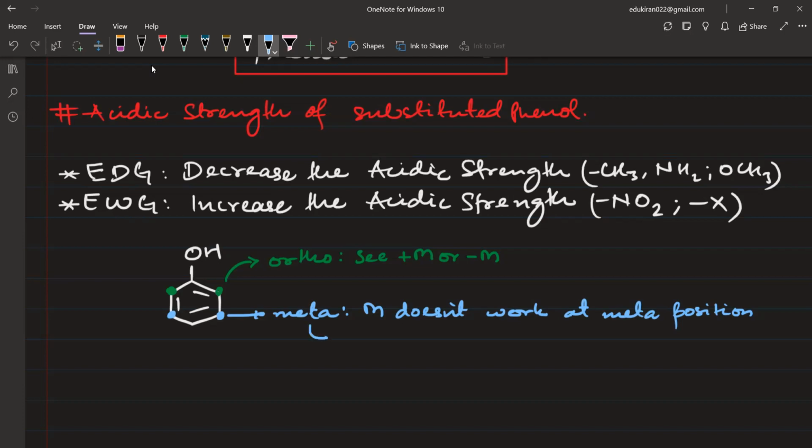That means if you have anything in meta, you have to see whether it is plus I or minus I. Lastly, you have the para position. Now in para position, you have to see whether it is plus M or it is minus M. बात समझ में आ गई? All of you, yes or no? Please tell me.